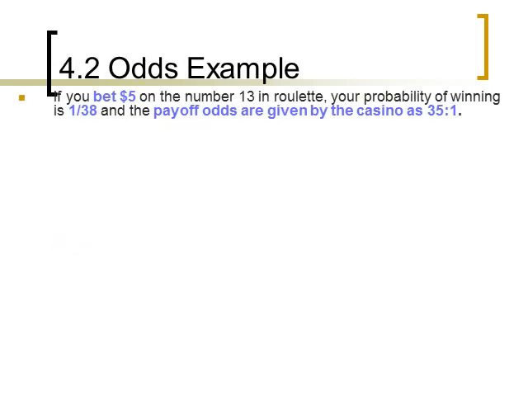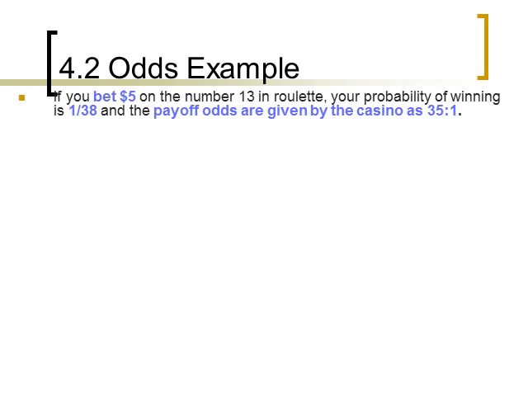Here's an example of an odds situation. If you bet $5 on the number 13 in roulette, your probability of winning is 1 out of 38, and the payoff odds are given by the casino to be 35 to 1. So let's discuss a few of these numbers first before we look any further. So we're betting $5 on the number 13.